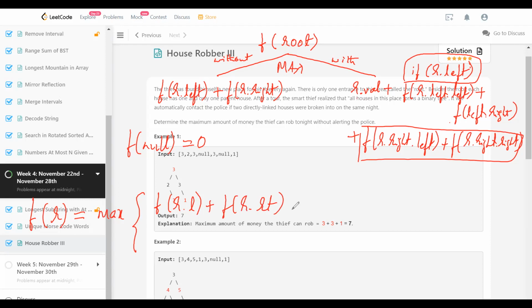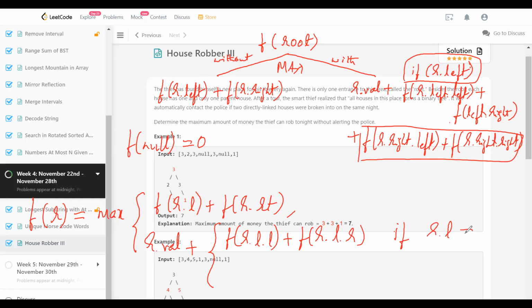And the other case is going to be a little more complicated here. So let me start with root.val plus these parts. In this first part here, f of root.left.left plus f of root.left.right, if root.left is not equal to null, right?